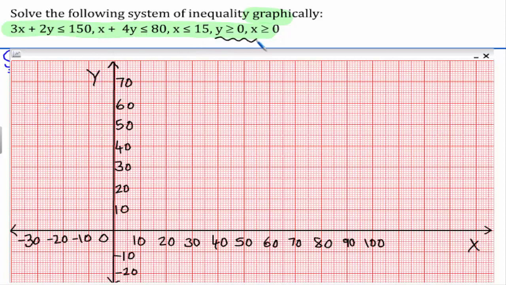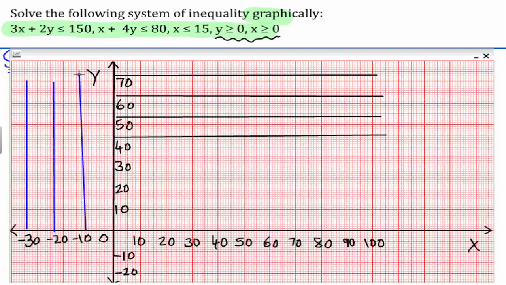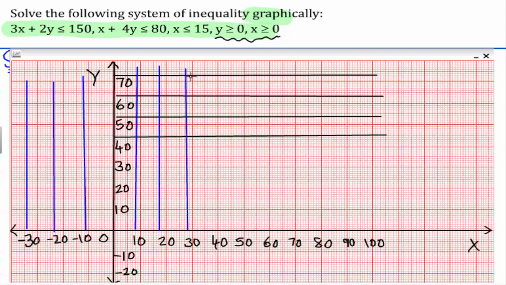As both inequalities represent only Q1, that is the first quadrant, these lines will show the solution of x greater than or equal to 0, and these blue lines will represent y greater than or equal to 0. So both together they represent Q1.